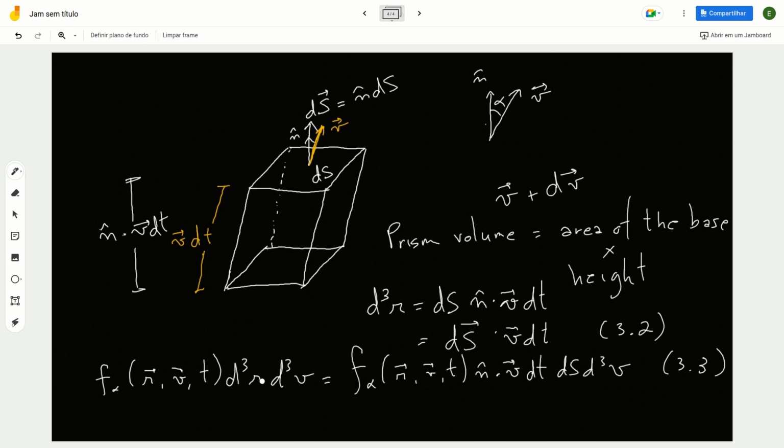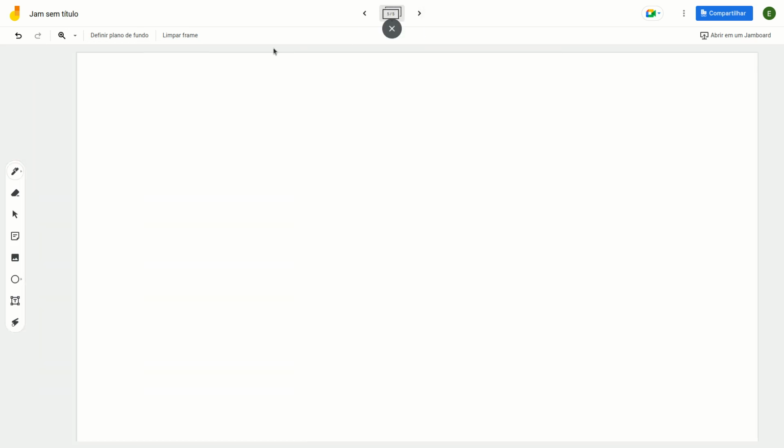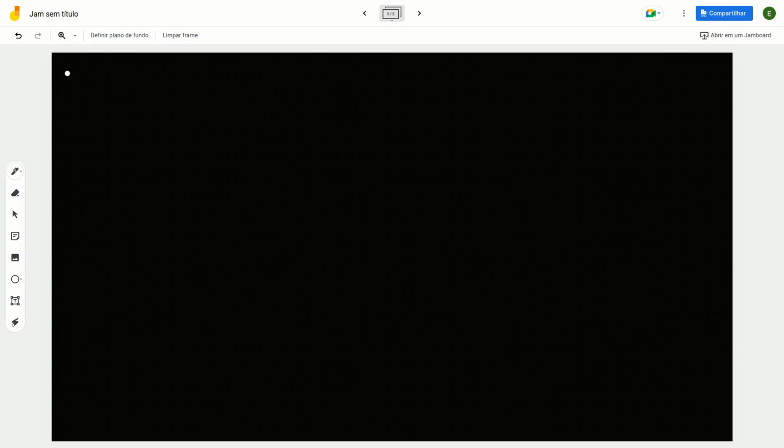So the total quantity of chi property transported by these particles through the element ds in the interval dt is just 3.3 times chi integrated in v. So you may just do it like this. I'll multiply it, integrate in v, multiply by chi.